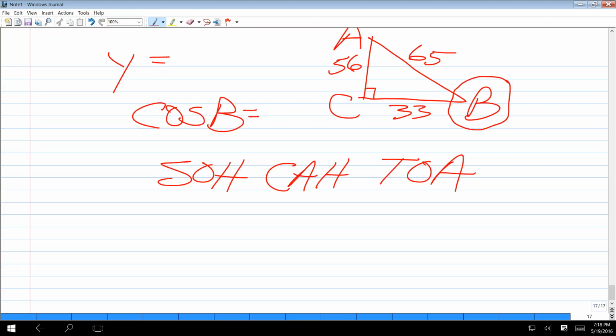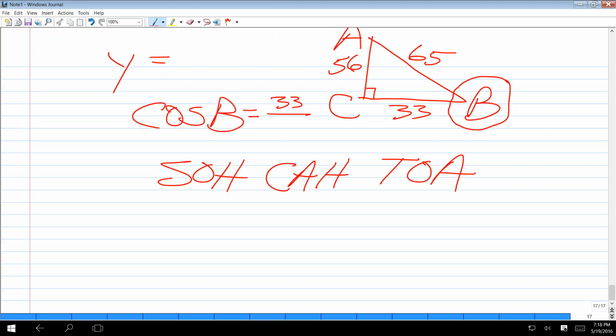No, that's the opposite side. 33? Well, you're not wrong. 65 is an adjacent side, but in trig, we never mean the hypotenuse. When you see an A and it means adjacent, it always means the adjacent side that is not the hypotenuse. So 33 is the adjacent side.